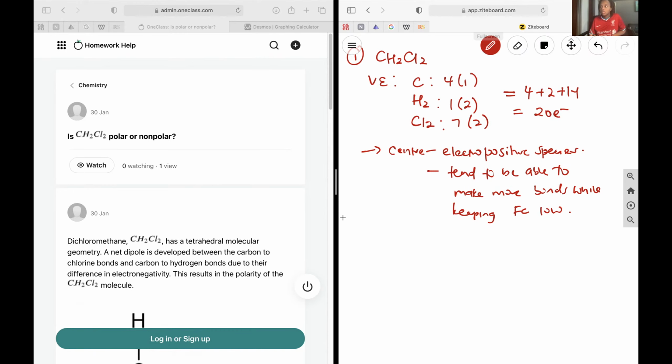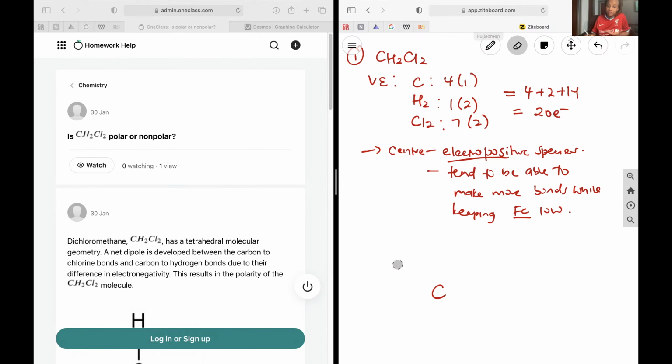This makes sense because they're electropositive: they lack electrons. They tend to be towards the left of the periodic table, and so they tend to be able to make the most bonds without messing up their formal charge.